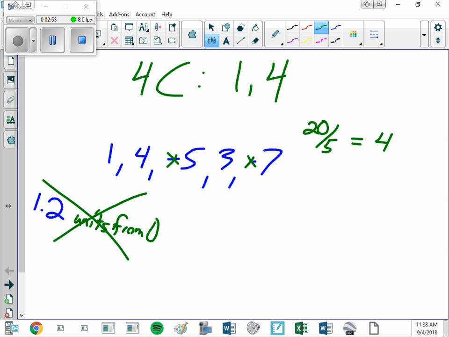So, to figure out about how far they are from 0, I get rid of the negatives and I recalculate and I say the numbers are about 4 units away from 0. Is that a better measurement? Lots better. Okay? Now, you still don't know why we really care, and that's okay. Just trust me, we do.